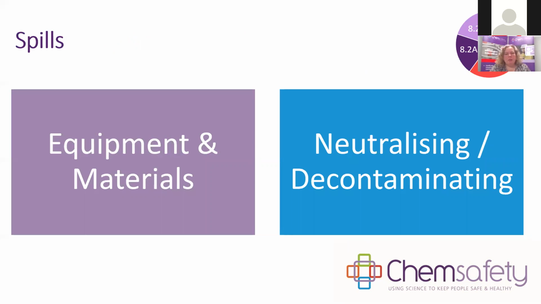So any spillage that occurs, you need to have the equipment and the materials on hand to be able to deal with those efficiently and quickly, and if appropriate, any neutralising or decontaminating chemicals or products that you might need, so that if you've had a spill of an acid product, you can collect it up and then neutralise that, so that you don't have residual harm there.